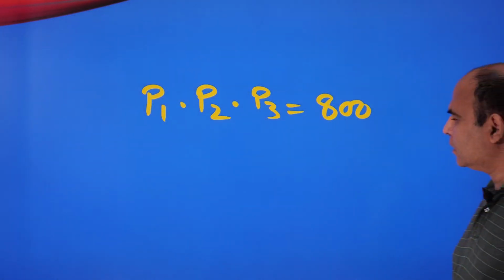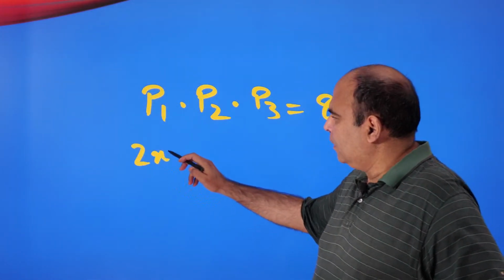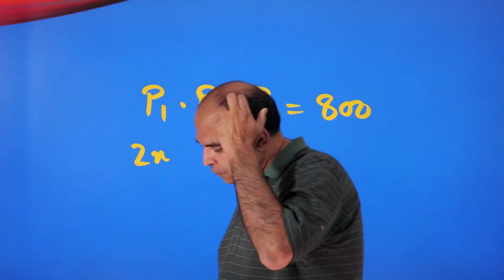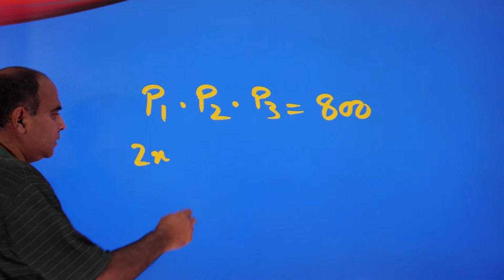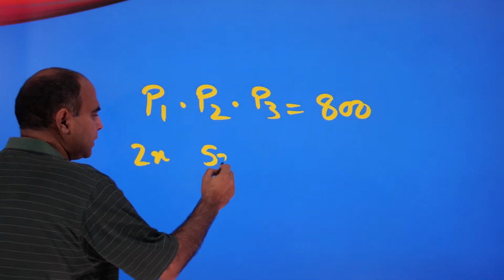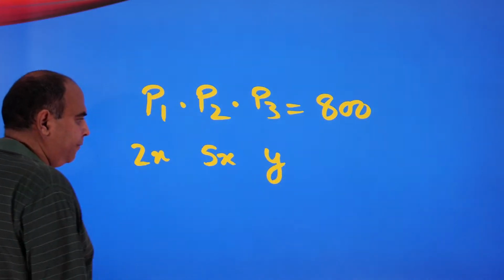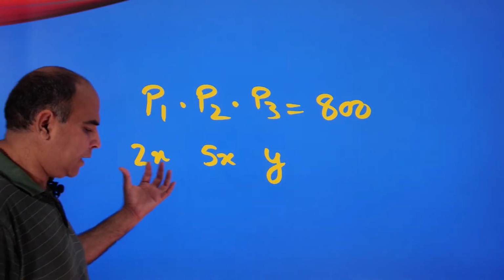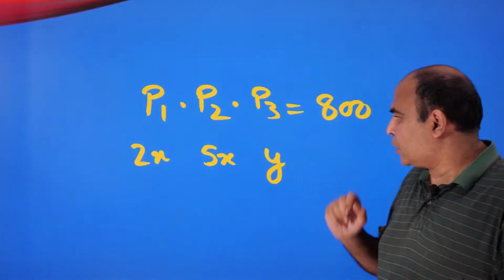So what that means is, if I think of this price as 2x, let's say I've defined my 3 prices for small, medium and large size. And if I think of this as 2x, this price is 5x, and P3 we can think of as y. So obviously once I realize these 3 prices are 2x, 5x and y, I'm not going to leave this equation like this.